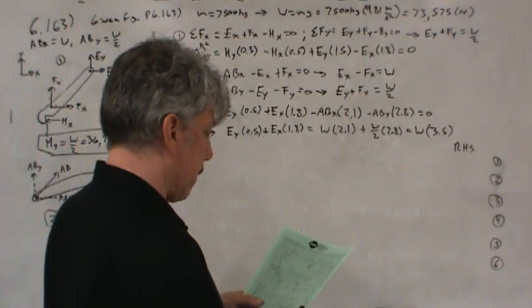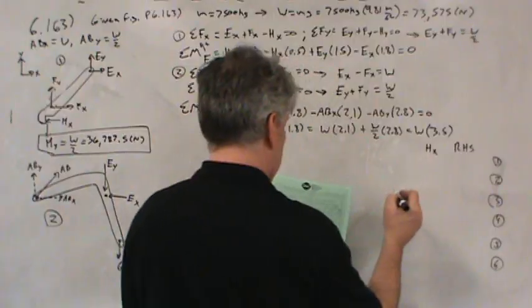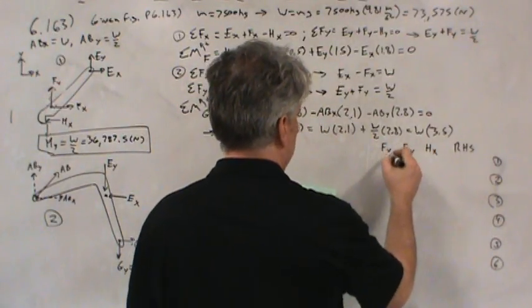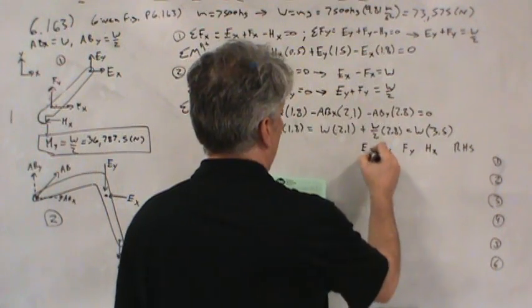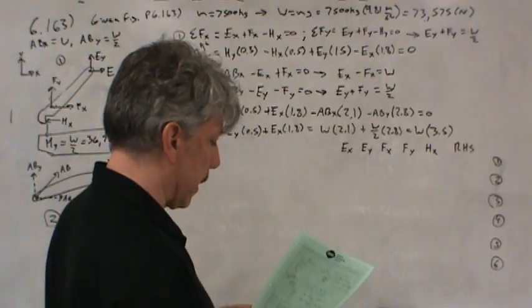So let's start off, and let's note that the unknowns we have are Hx, we have Fy, we have Fx, we have Ey, and we have Ex. All I've done is arrange the variables alphabetically.